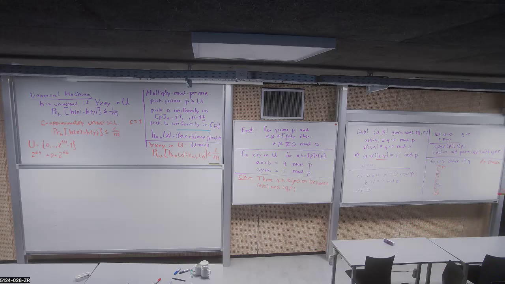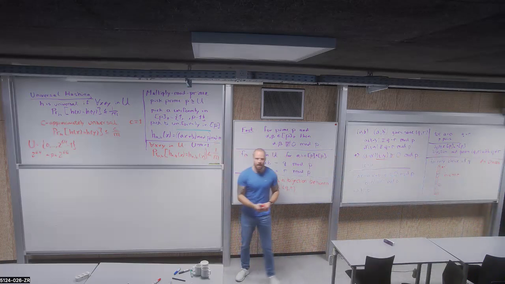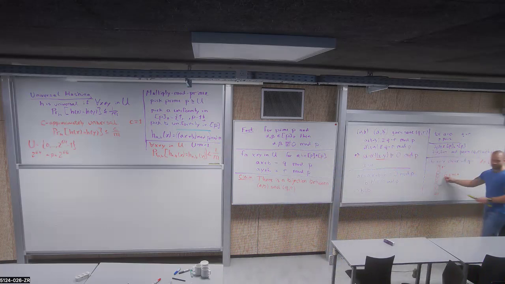So for every choice of Q, let's define I as Q mod M. There's some value I, and now how many choices of R are there that cause a collision? Well, I'm doing mod M at the end, so I'll only get a collision if R is also I mod M. So how many such values of R are there?